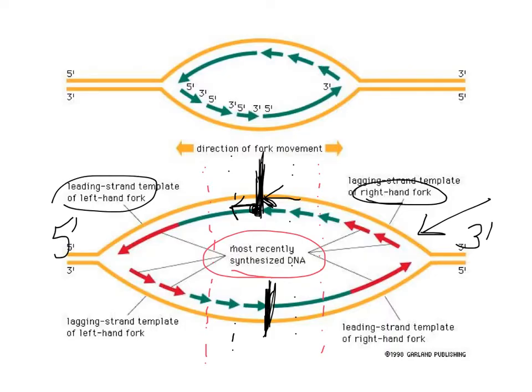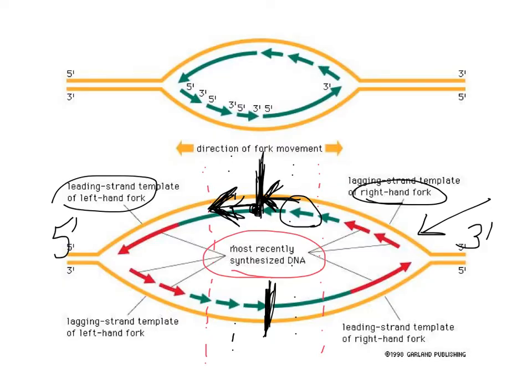It's already heading in that direction, and you can just continue on until you get to the red line. The problem is with the right-hand fork in this particular case, you are also heading in that same direction. But now you need to replicate the area outlined by that little arrow.